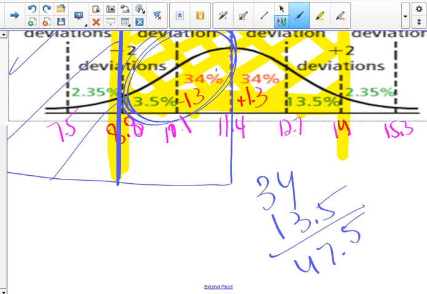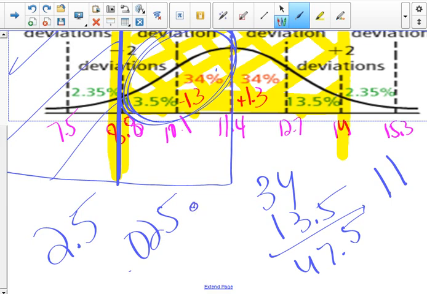And we want to take that from 50. So 47.5, 48.5, 49.5. So it's 2.5%. That's 0.025. And you're going to have to multiply that times the number of cookies. And that's your answer.